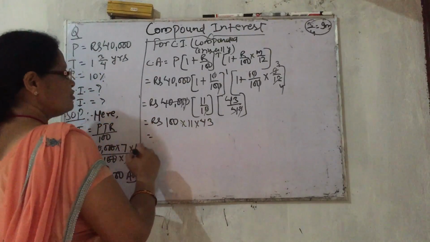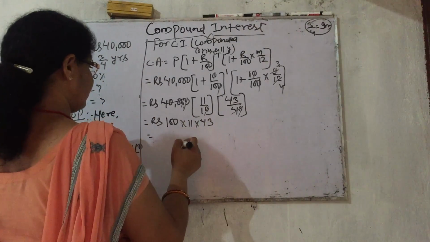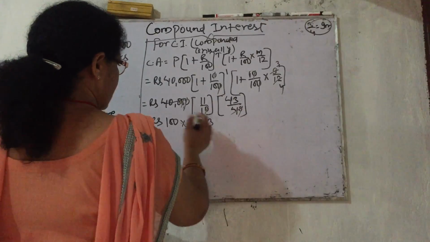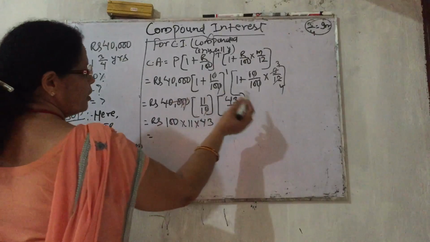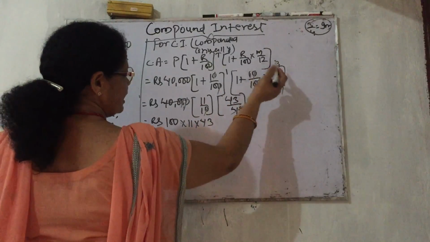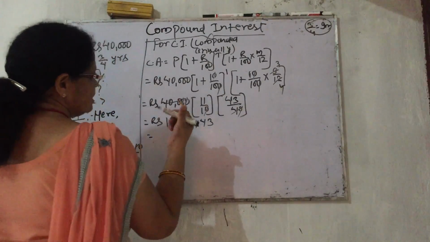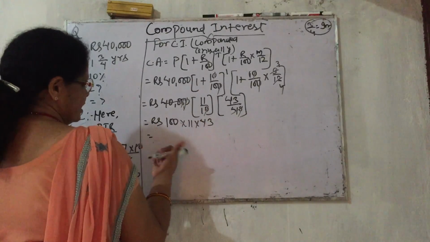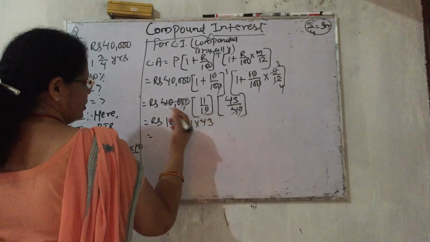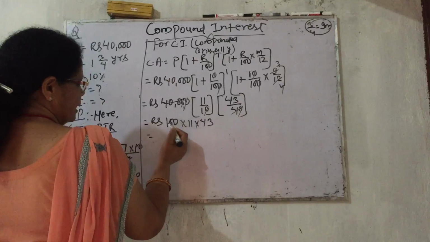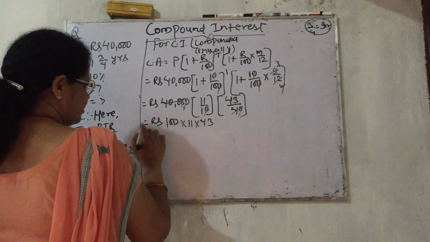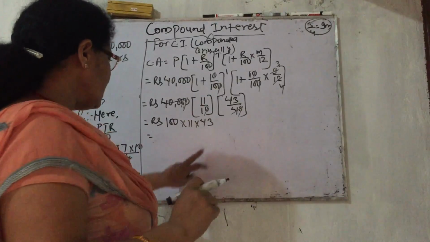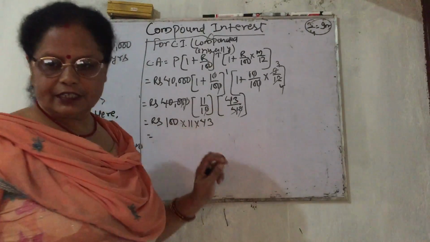Let me check: 10 4s are 40 and 3 is 43. Yes, 10 and 1 is 11 by 10. Yes, it is correct. After multiplying this you will get 11 into 43.